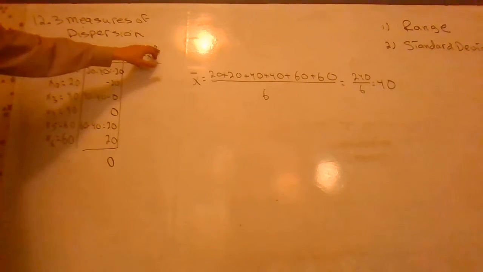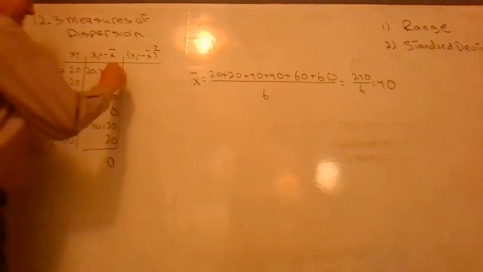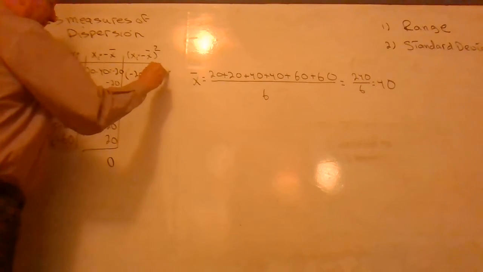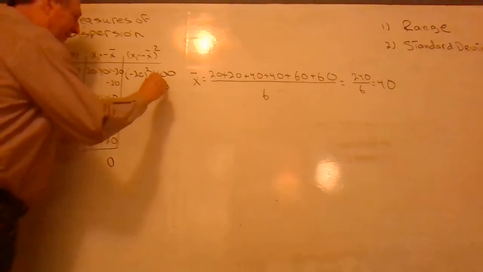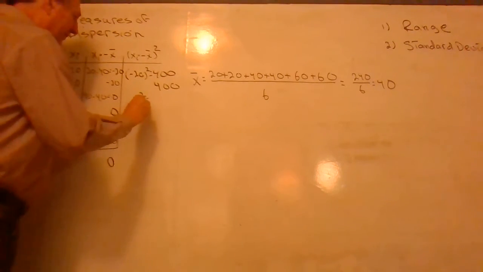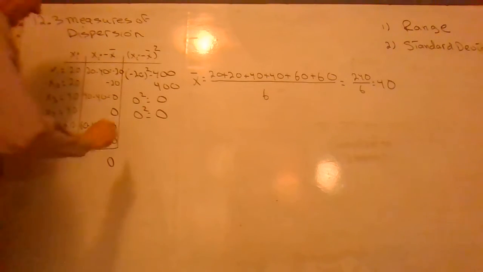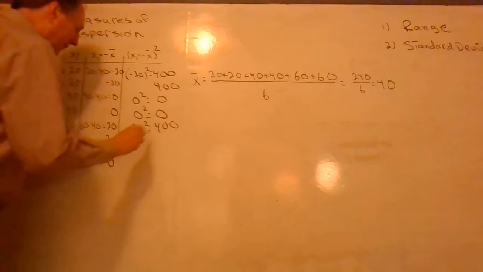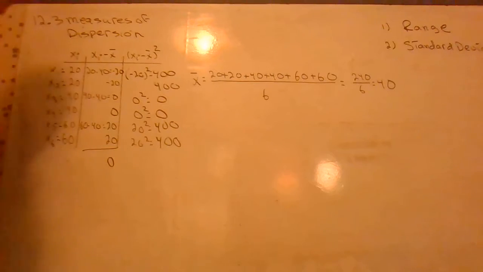Now this is the deviation squared. Whenever you square a number, the answer is positive, so this negative is going to go away. Negative 20 squared is 400. And negative 20 squared is 400. 0 squared is 0. 0 squared is 0. 20 squared is 400. 20 squared is 400.